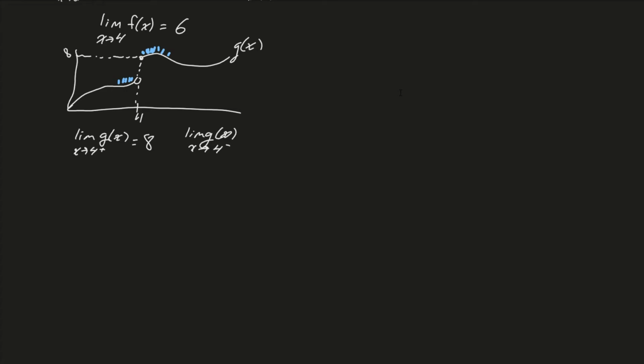What the hole represents is that there are values all the way up to that x equals 4, but not at it, much like how the limit works. So we're going to get closer and closer to that hole, but we're never going to touch it. And so we're going to see that our y value in this case is getting very, very close to whatever the y value is here, which, for the sake of understanding, it looks like about halfway, we'll say is 4. So what that means for us is that our left-handed limit is 4, but our right-hand limit, well, that's 8.